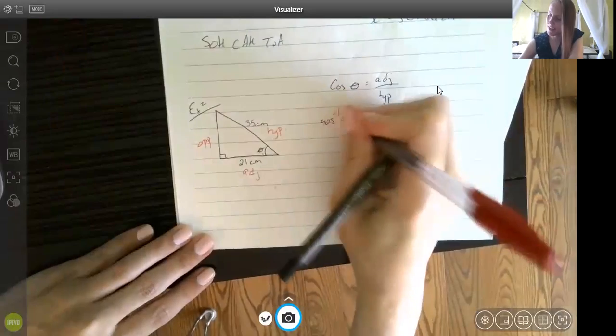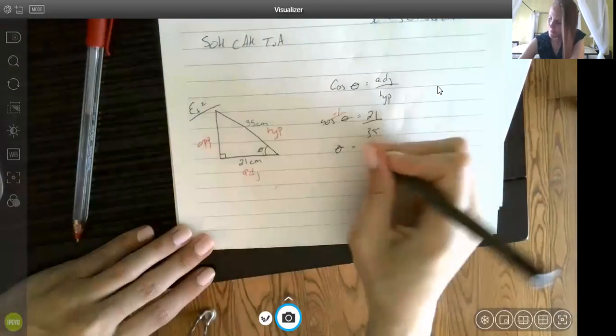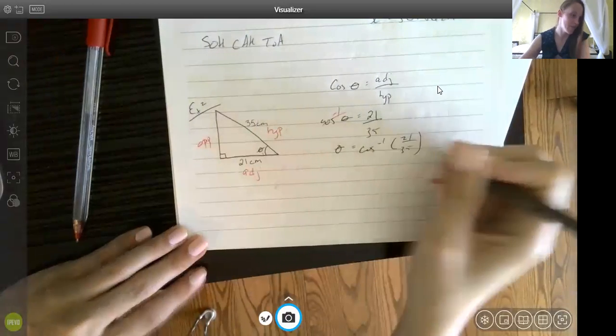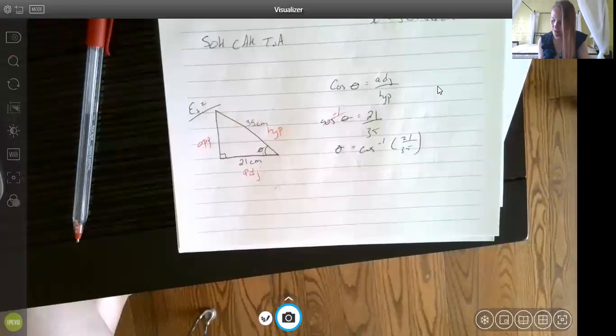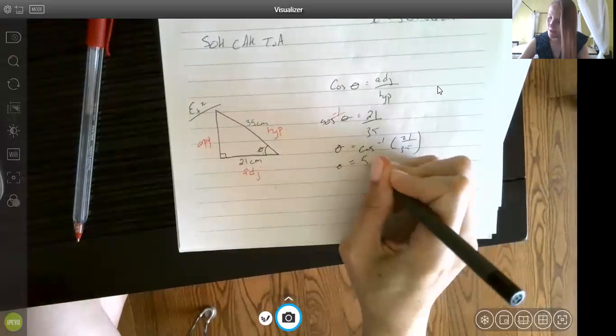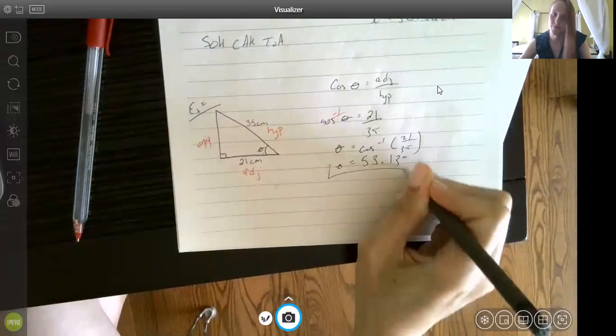Because I'm finding an angle, I take the inverse of it. Cosine inverse of 21 over 35, which is 53.13 degrees.